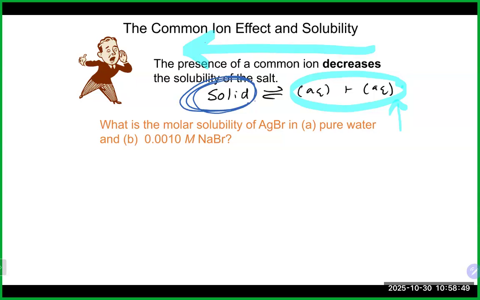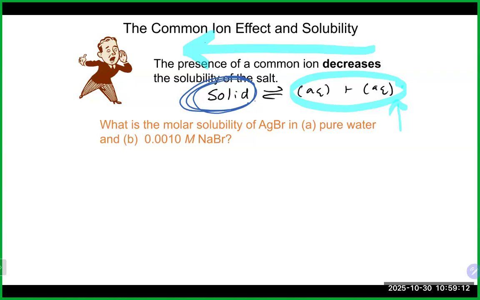And if the solids stay together more, that's going to decrease the solubility of that compound. It's going to keep it together and not allow it to break apart. It's the same idea as we talked about with acids and bases with a common ion: it suppresses the weak acid from ionizing and breaking apart, or the weak base from ionizing and breaking apart as well.